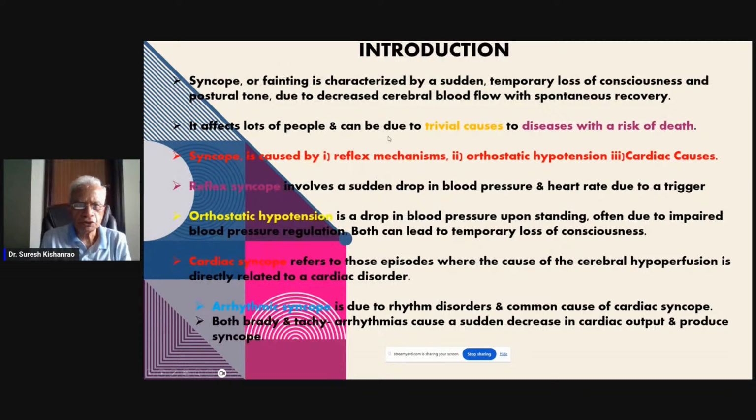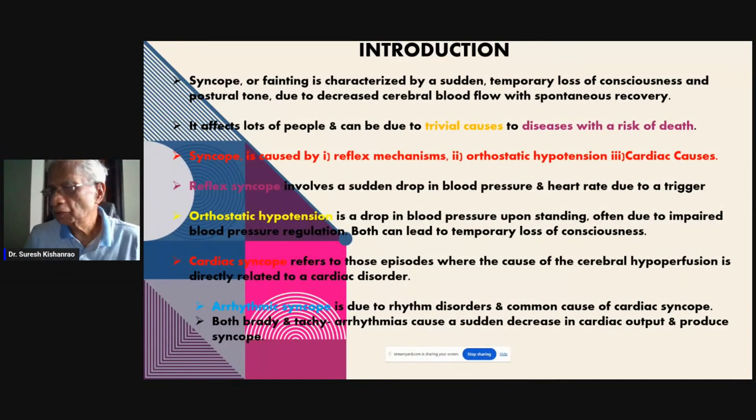You all know syncope or fainting is basically characterized by a sudden temporary loss of consciousness and postural tone. This happens due to decreased cerebral blood flow and it is accompanied by spontaneous recovery. It affects many people.